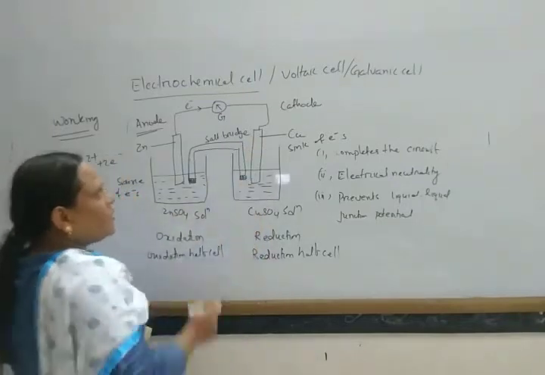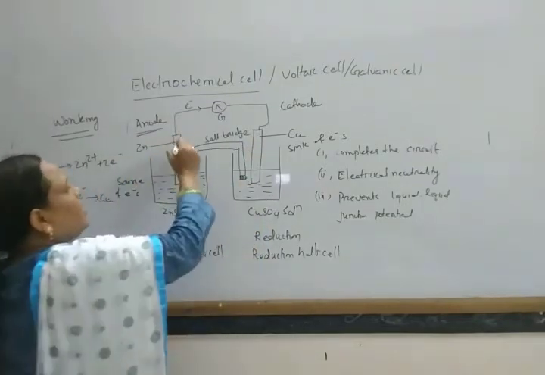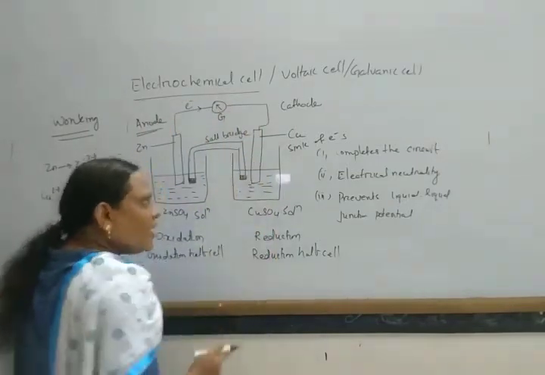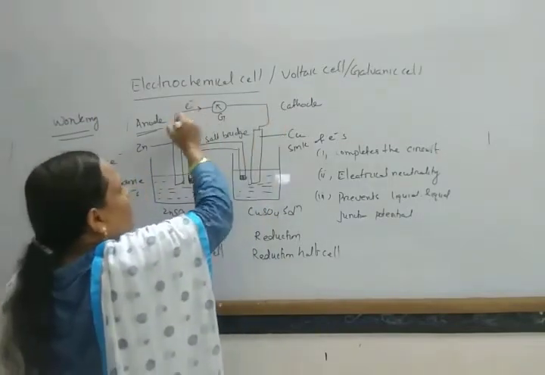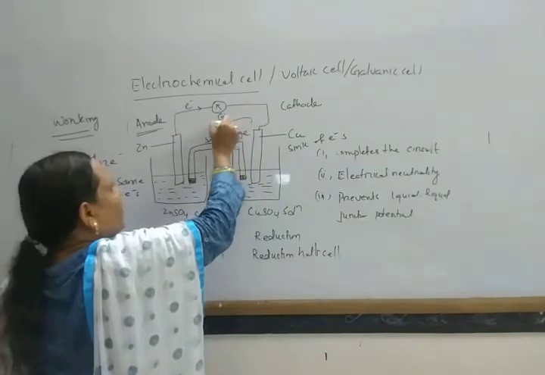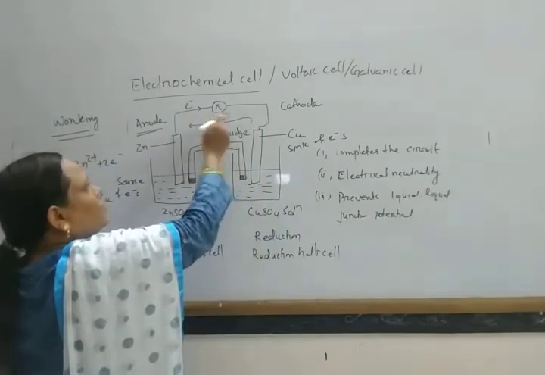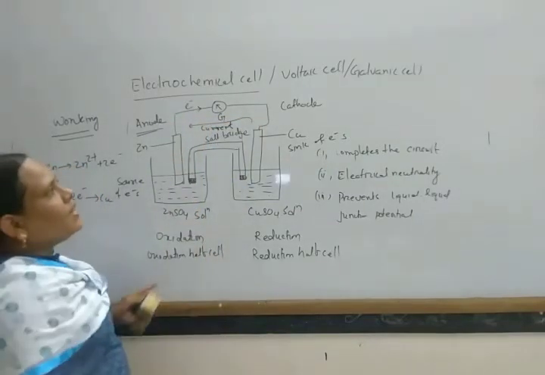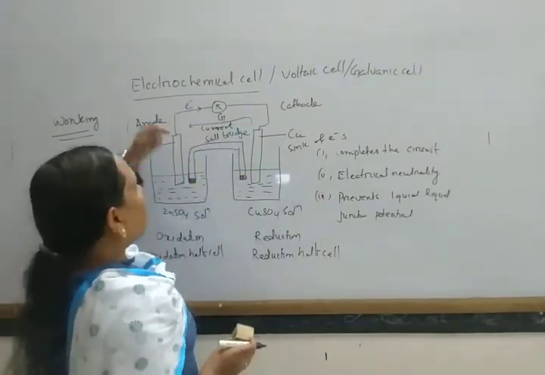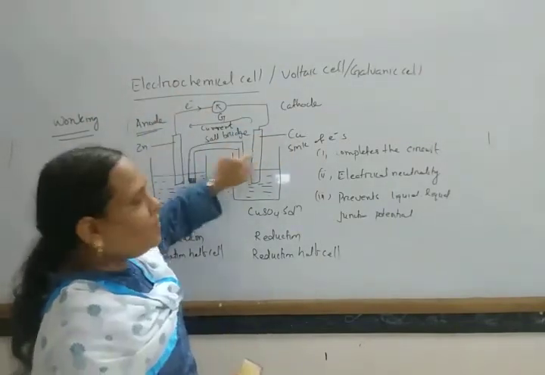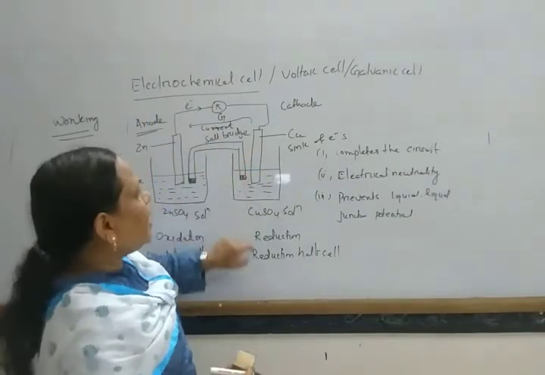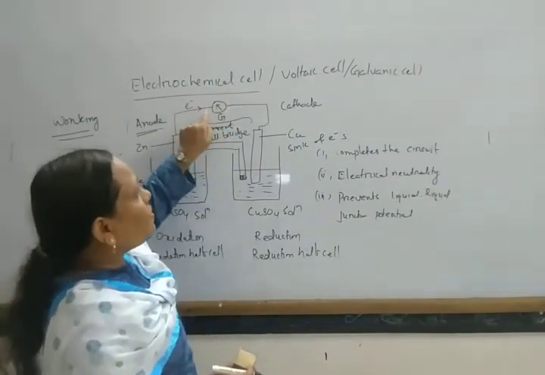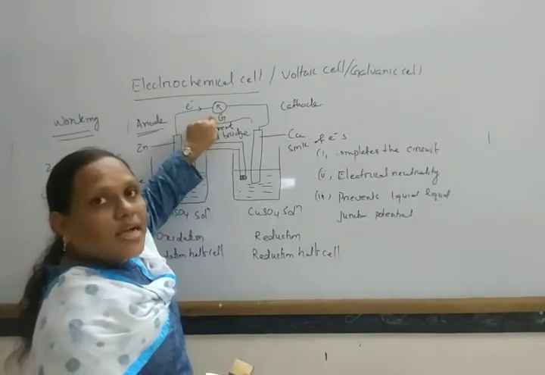This copper electrode is known as the cathode, and this zinc electrode is known as the anode. Electrons move through the external circuit from anode to cathode, and the conventional current flows from cathode to anode. So electron transfer takes place from anode to cathode, and current flows from cathode to anode, which can be known by the deflection of the galvanometer.